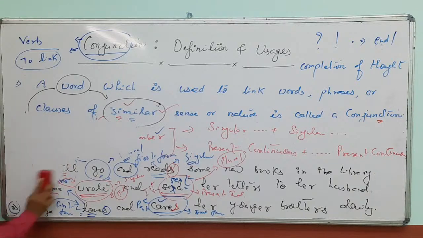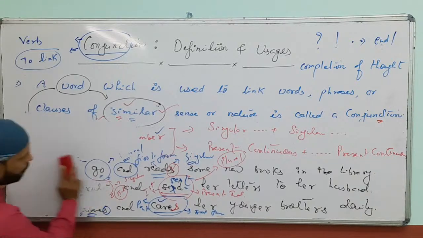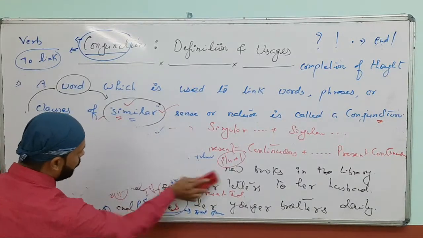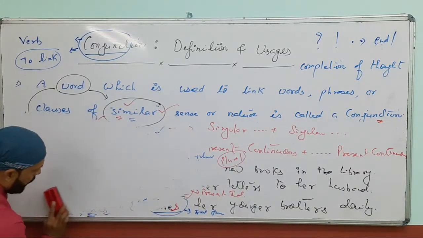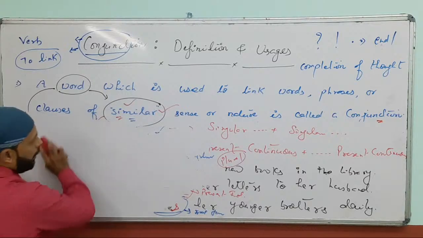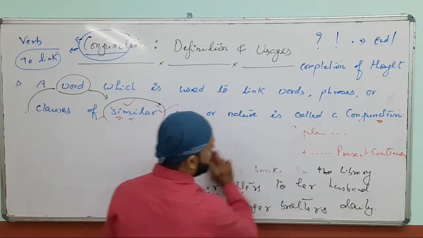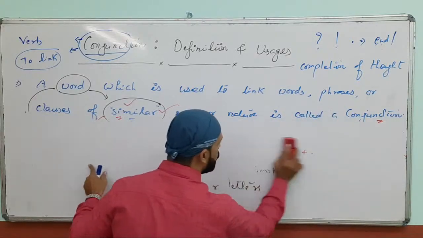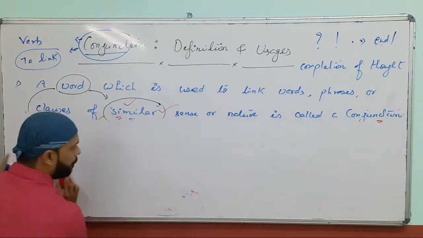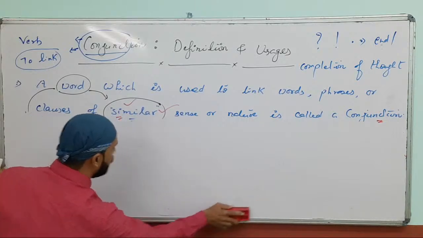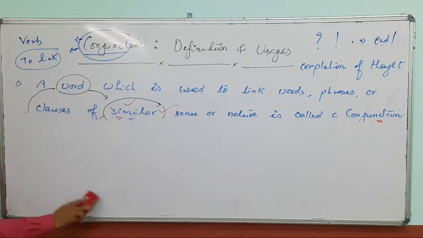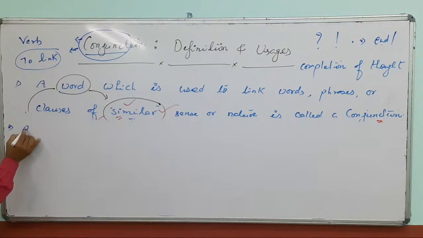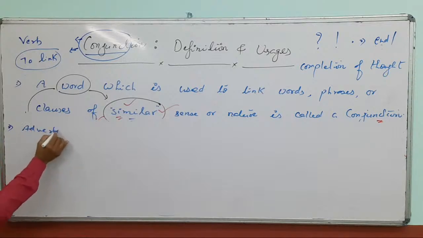When we come to adverb, that's also once again very similar to adjective. It's a degree and it's a kind, which should be the same in the sense of similar. Okay.